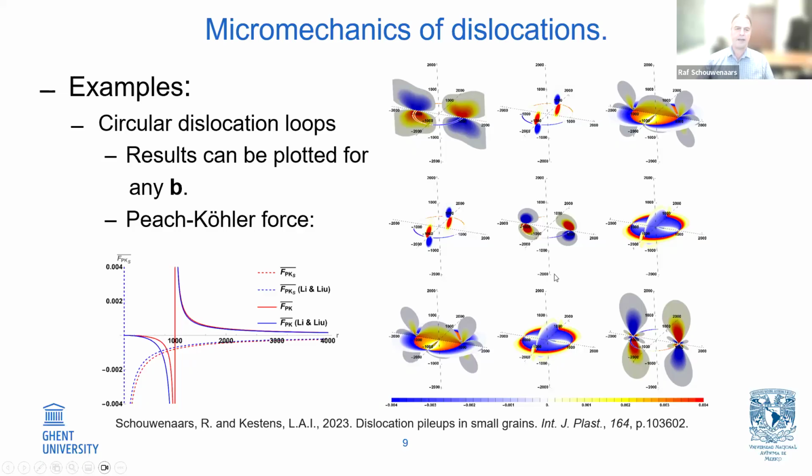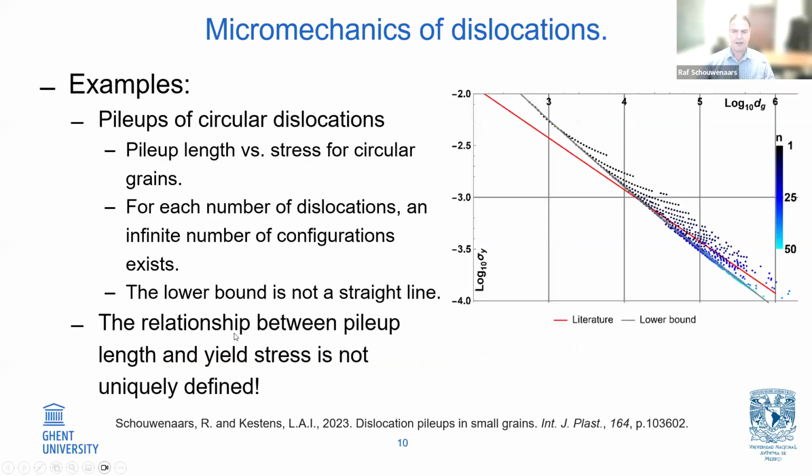We also can calculate the self force, the Peach-Koehler force of the loop on itself to know whether it shrinks or expands. There is the old calculation of Lee and Liu, which is slightly different from what we have here. So there must be in some place of their calculation a simplification or a small error, but in big lines we see the same results.